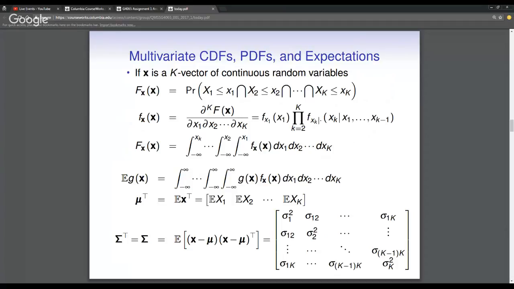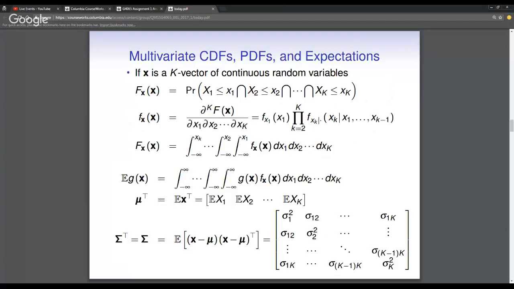So that is another way of getting at an equivalent expression to a PDF for the multivariate x in general. There's lots of multivariate distributions, but really we only use like one or two. But in general, that's the idea.